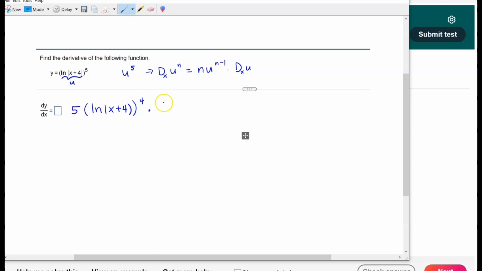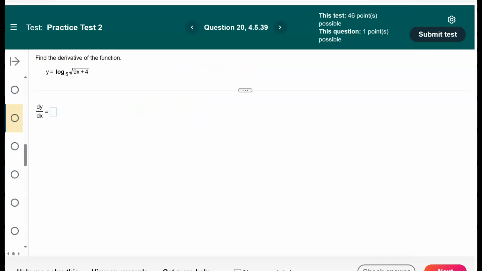So the derivative of ln of the absolute value of x plus 4 is just 1 over x plus 4 times the derivative of x. So that is just 1. And that's the answer.